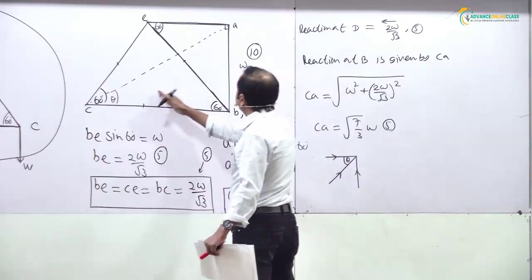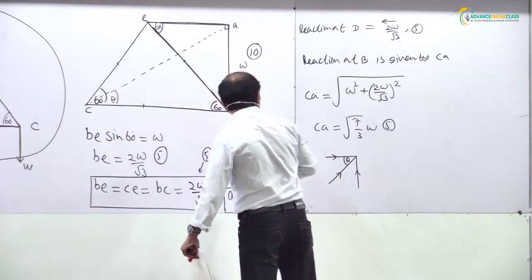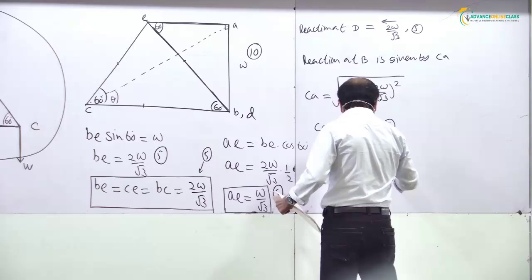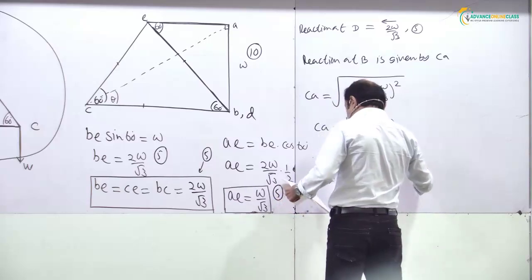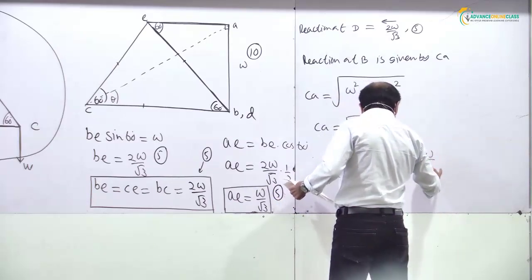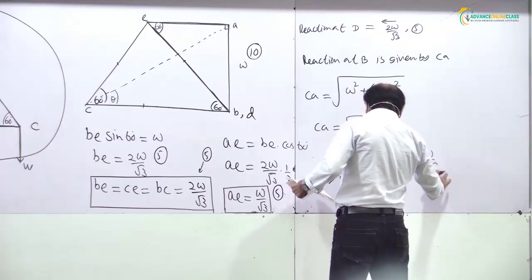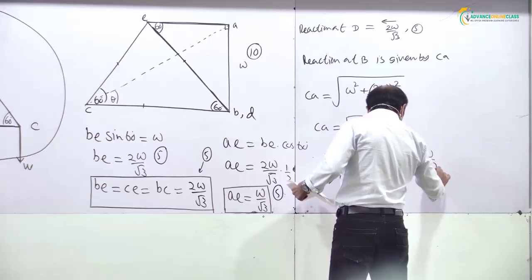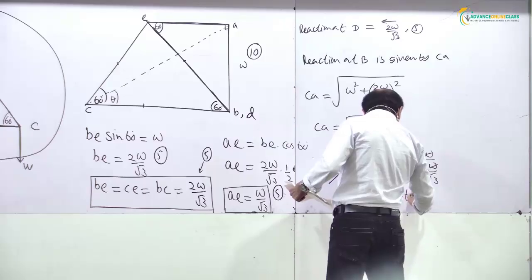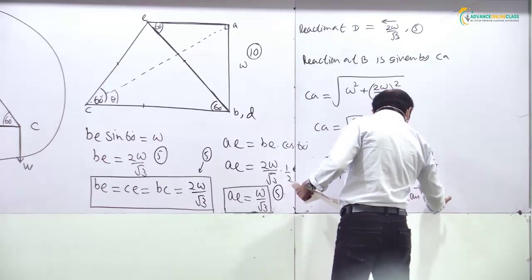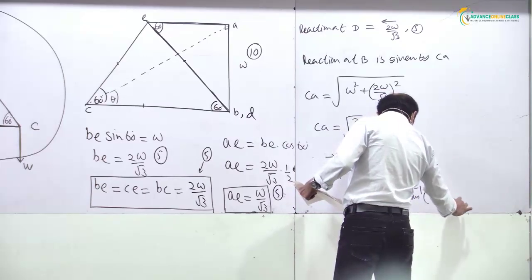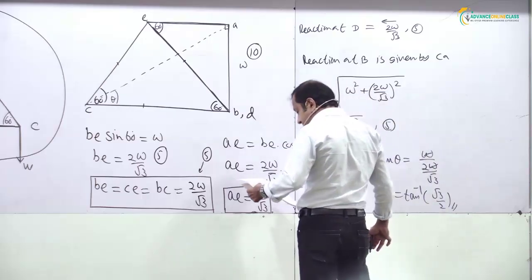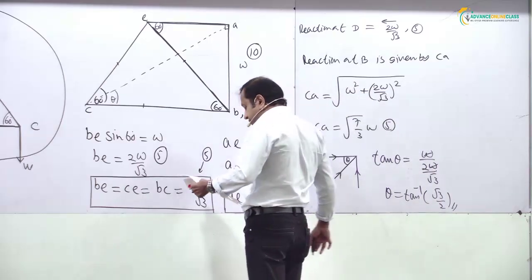Tan theta is what? This divided by this, no? Tan theta is W over 2W by root 3. Theta is tan inverse root 3 by 2. This is 5 marks.